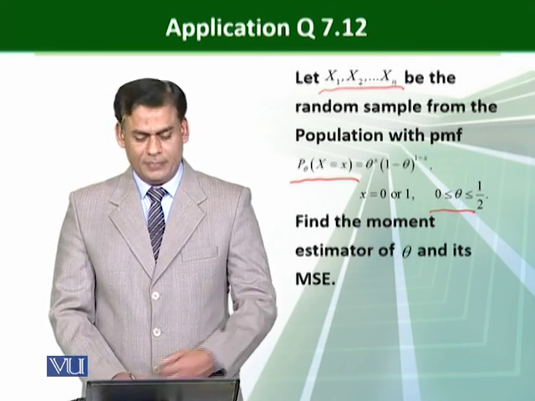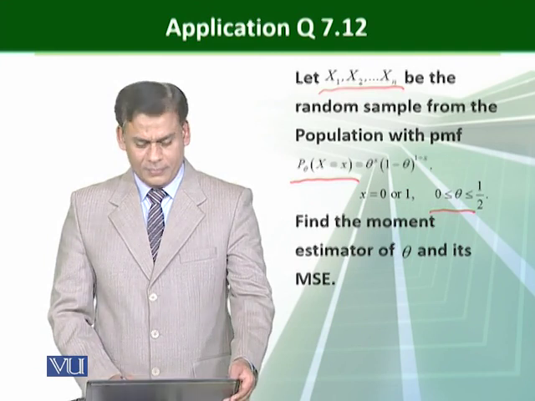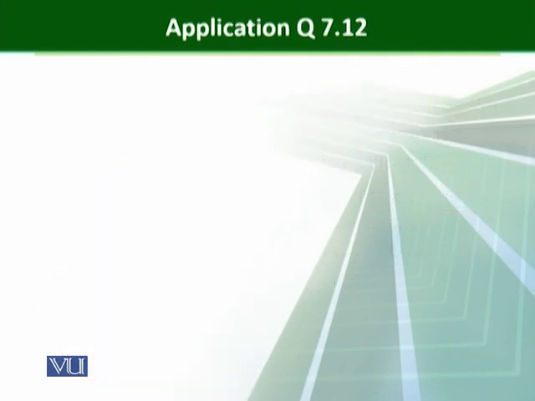mean square error. So how do we proceed for this one? Again, the probability mass function f(x) is theta raised to power x into (1 minus theta) raised to power (1 minus x). First we have to find the population moment, denoted by mu1 dash, and we know that it is the expected value of x.